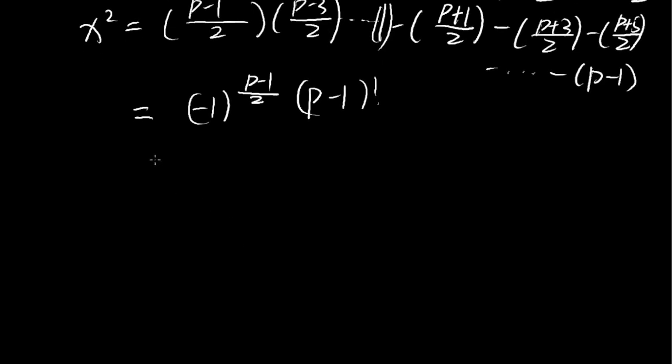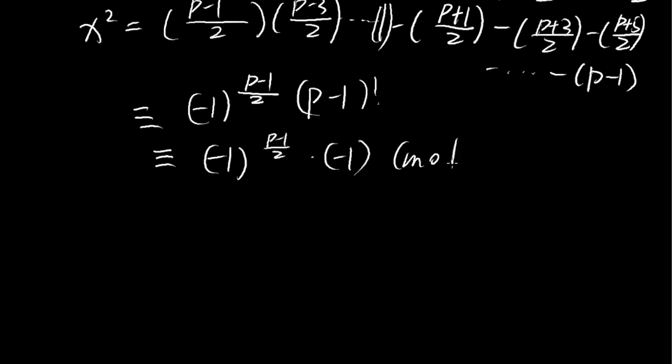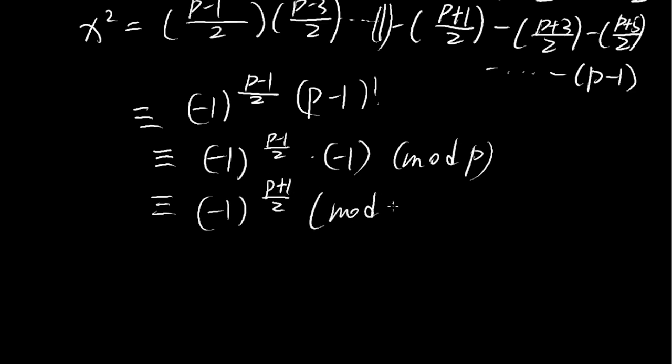According to Wilson's theorem, p minus 1 factorial is minus 1 mod p. Therefore x squared is congruent to negative 1 to the power of (p minus 1) over 2 times negative 1, and this should be negative 1.